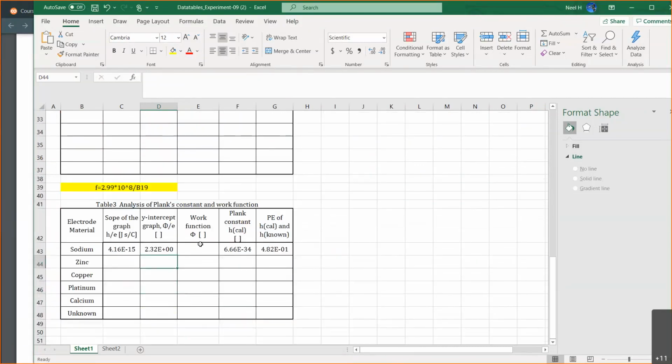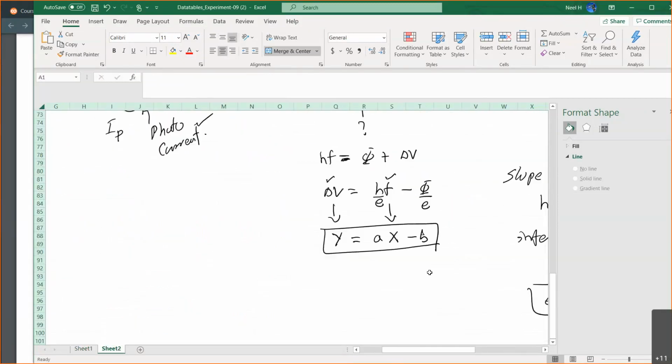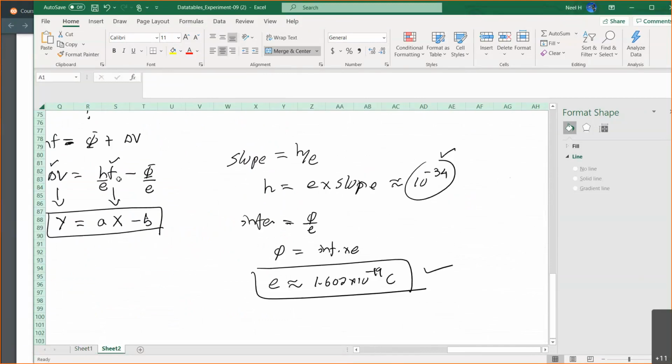And to get the work function, I have to multiply that by again the electron charge. Work function is actually negative phi over E. That is the intercept. So if I multiply that intercept by the E, then I will get the work function.